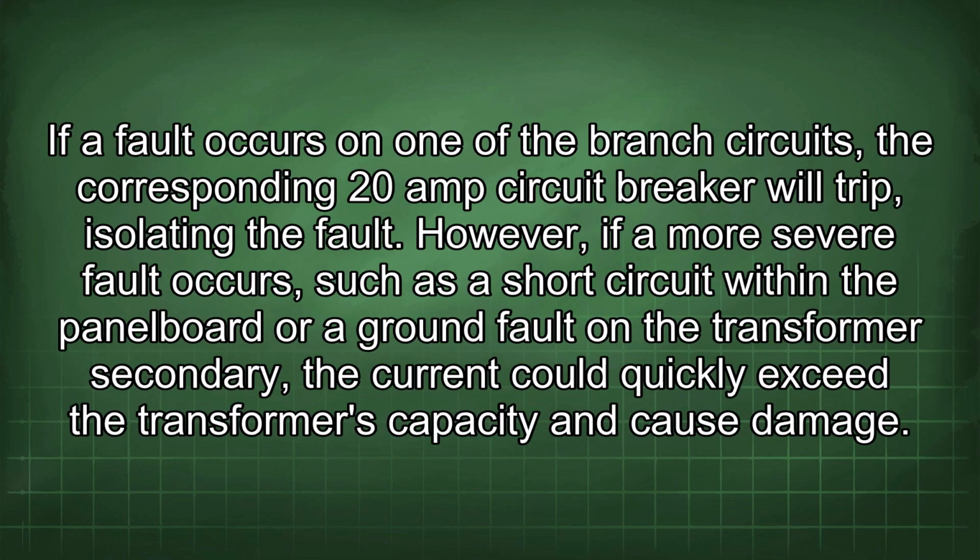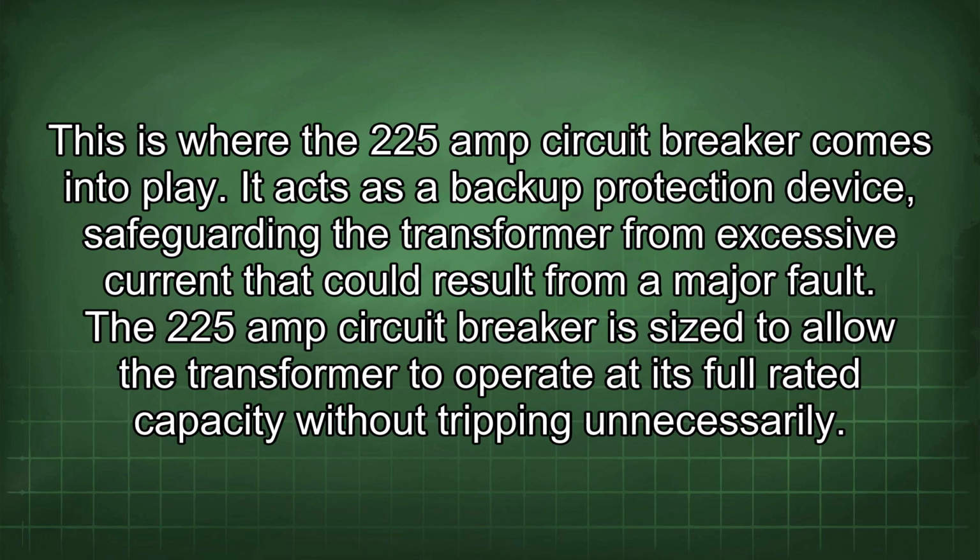If a fault occurs on one of the branch circuits, the corresponding 20 amp circuit breaker will trip, isolating the fault. However, if a more severe fault occurs, such as a short circuit within the panel board or a ground fault on the transformer secondary, the current could quickly exceed the transformer's capacity and cause damage. This is where the 225 amp circuit breaker comes into play.